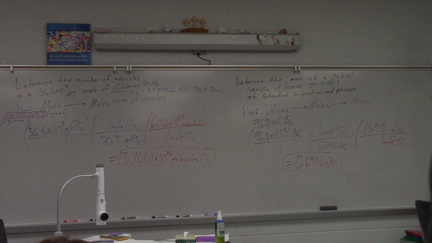What are your questions? That's a lot of work for a little number. There's more. Hey, wait, what was the other trick? The other trick was the diatomic. Yeah, multiply by 2.